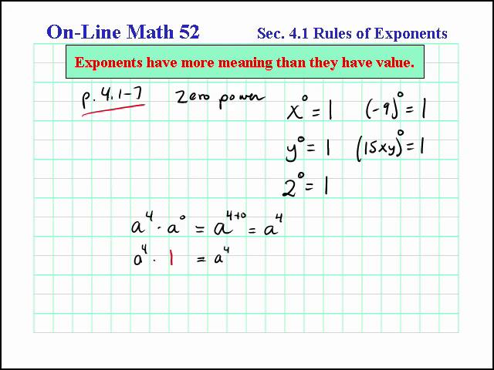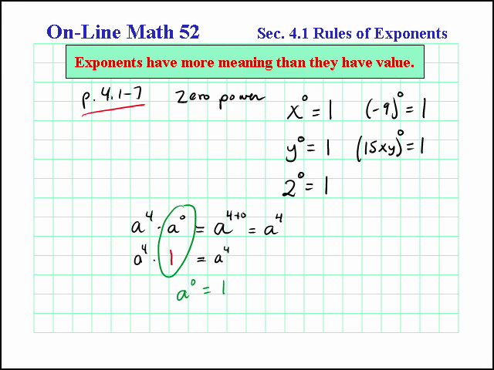Exactly. A to the 4th times 1. Anything times 1 equals itself. So if a to the 4th times a to the 0 equals a to the 4th, that suggests that these two have the same value. A to the 0 equals 1. This is the first way for me to demonstrate that any base raised to the 0 power is equal to 1.